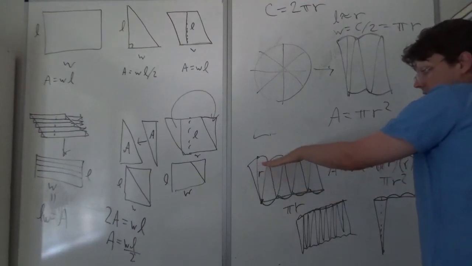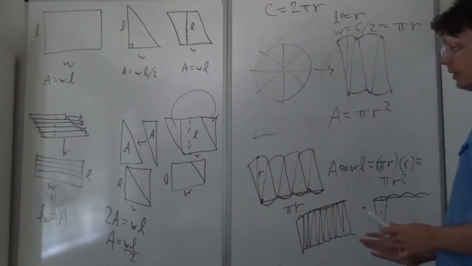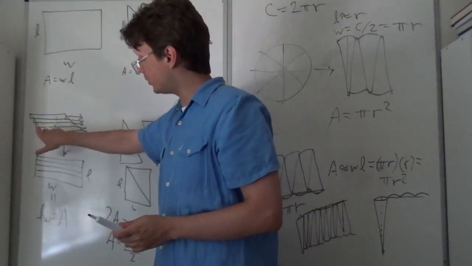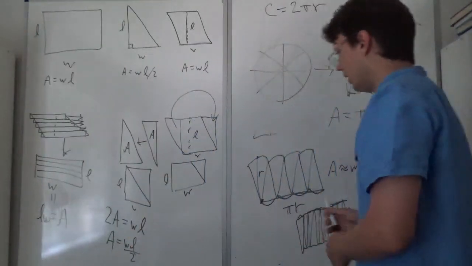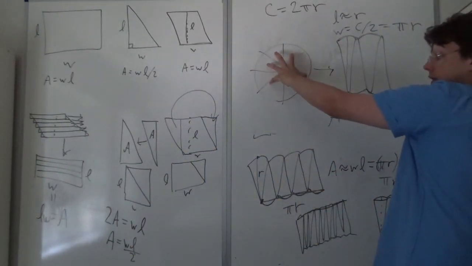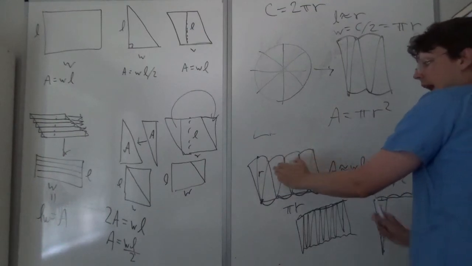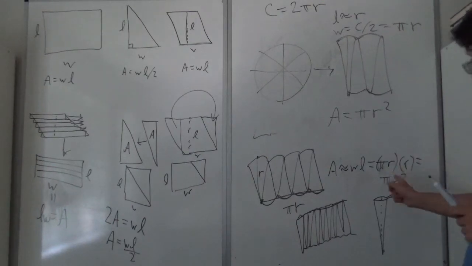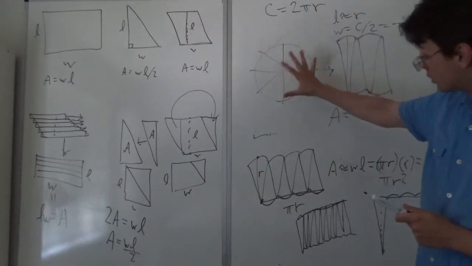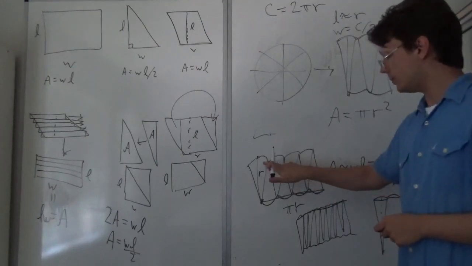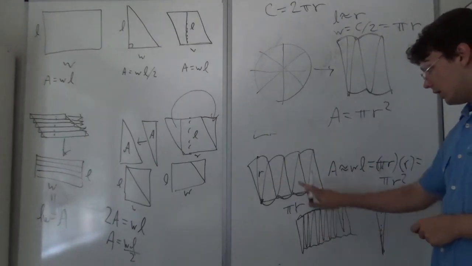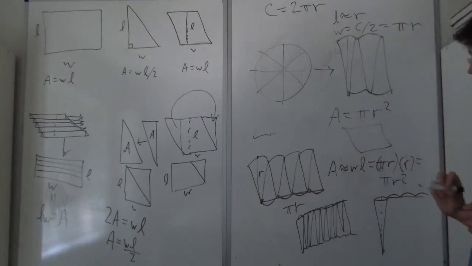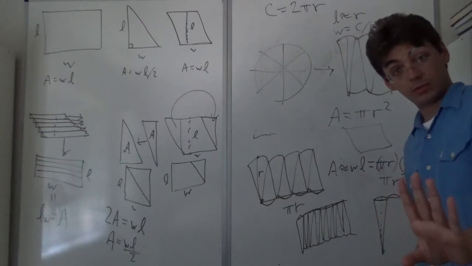We got basically this trapezoid here, and we found that, just like with parallelograms, where you make them out of tiny little rectangles to make one big rectangle, we can turn this circle into a bunch of tiny wedges, and those wedges we can see are equal to pi r squared. And then as we make those wedges smaller and smaller, the difference between these shapes and a parallelogram is indistinguishable. Okay?